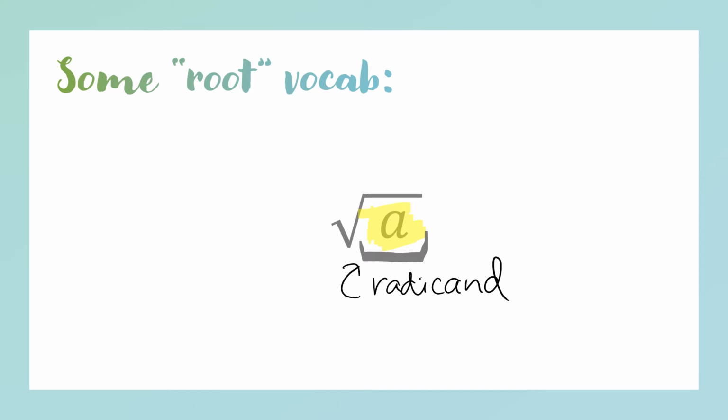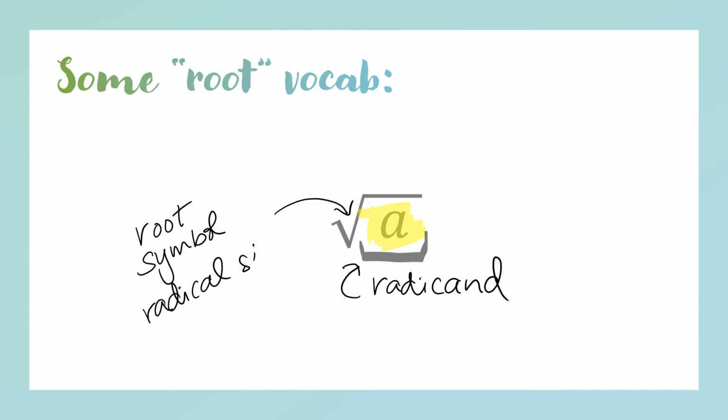And then this thing right here is our root symbol, which is our radical sign. So root symbol or radical sign, and then what is under the root symbol is called our radicand.